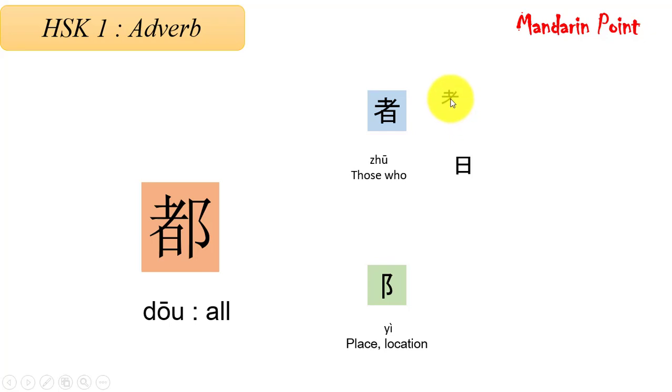We can simplify it further. This one is pie, while this one is tu, meaning earth. This dou is composed of all of these basic components: this one over here, this pie, and this ri, meaning sun, and this yi, meaning place or location.